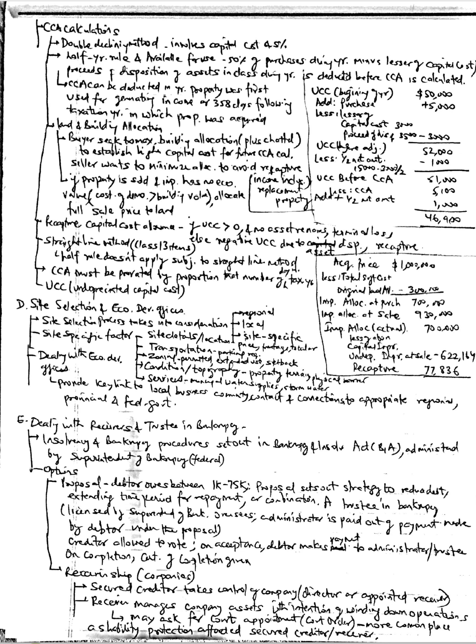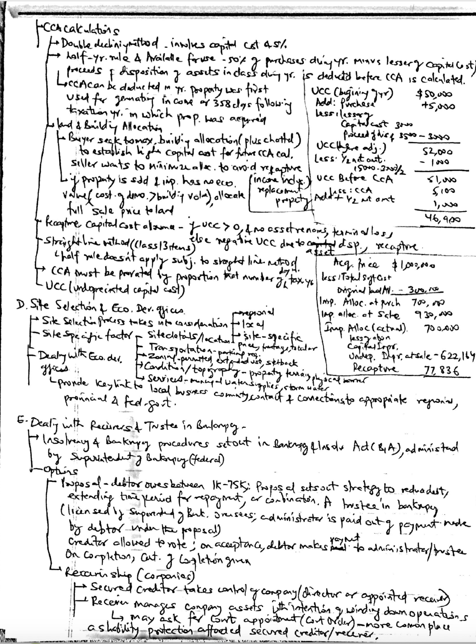Let's look at the half year rule and available for use. The half year rule, often referred to as the 50% rule, was implemented to correct the fact that an asset purchased at the end of the taxation year would otherwise provide an amount in a class eligible for the maximum capital cost allowance in that year.